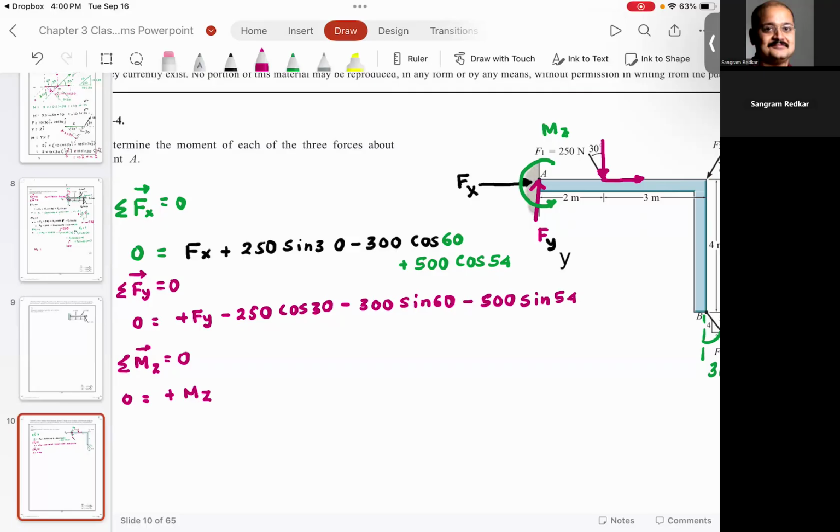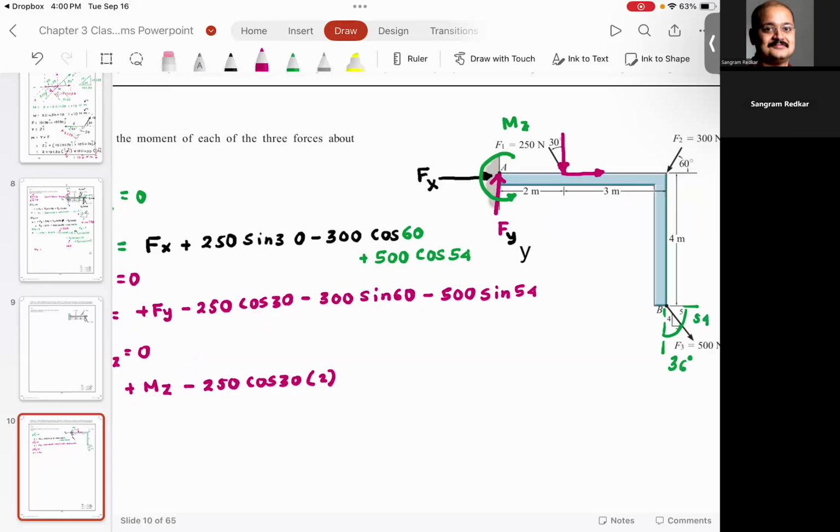What is the distance between point A and the point of action of force? 2 meters. And the moment given by that vertical force, would it be positive or negative? So it's going to be minus 250 cosine 30 multiplied by 2. Do you agree with me?